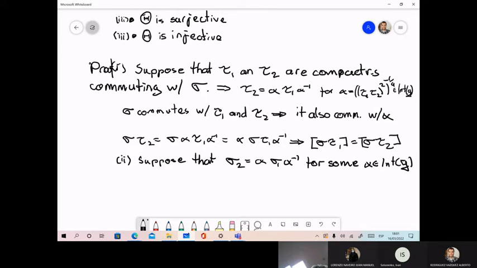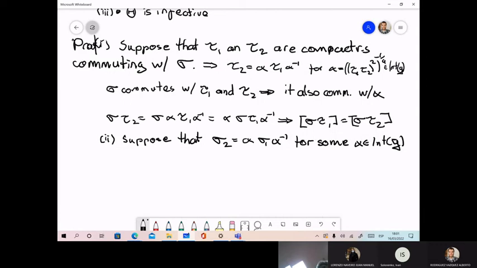Then we have the following, that sigma 2, alpha tau alpha minus 1, this is alpha sigma 1 alpha minus 1 alpha tau alpha minus 1, this is identity, and sigma 1 commutes with tau.